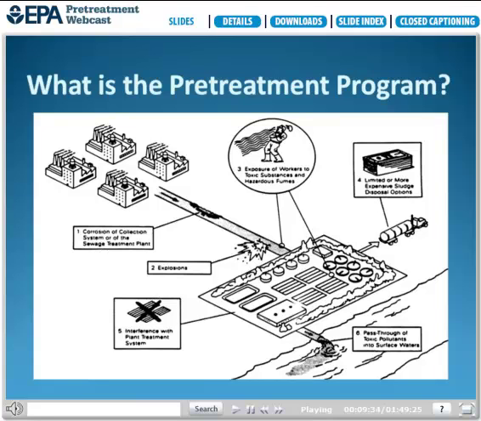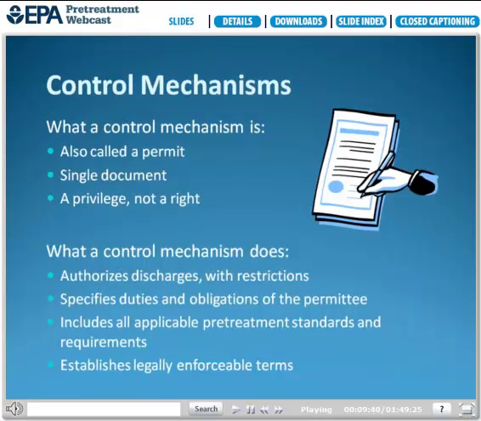So what is a control mechanism or permit? EPA uses the phrase control mechanism as a generic term that includes permits. For this presentation, we're going to use the terms control mechanism and permit interchangeably. We are referring to that legally enforceable document that is issued by the Pretreatment Program Control Authority to an individual industrial user doing business at a particular location.